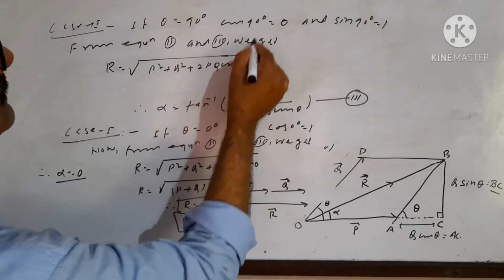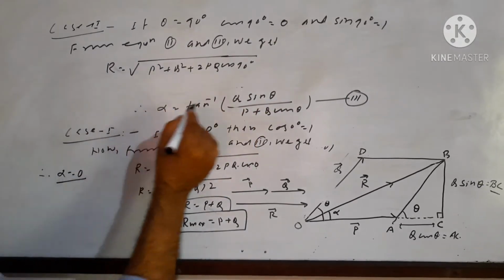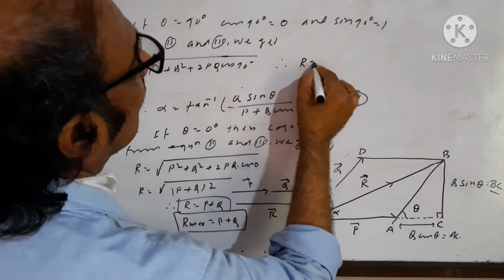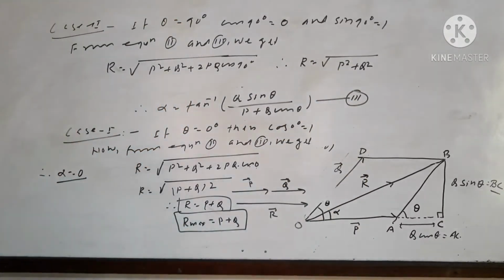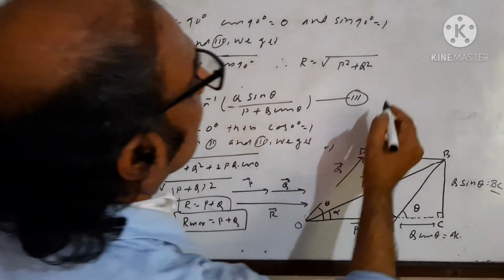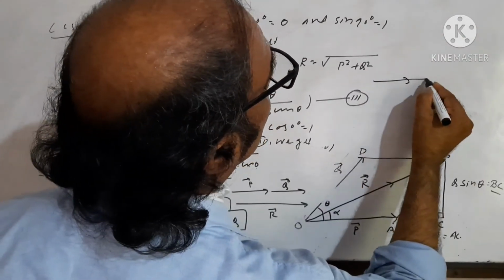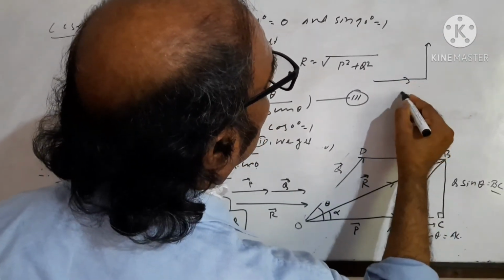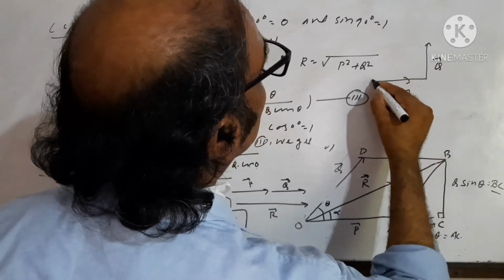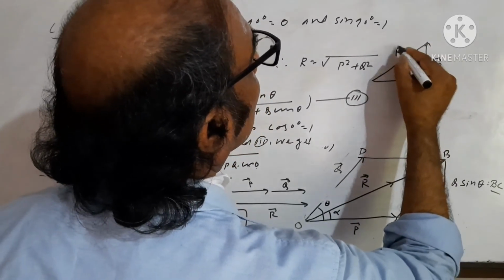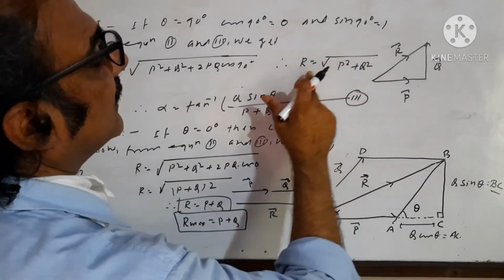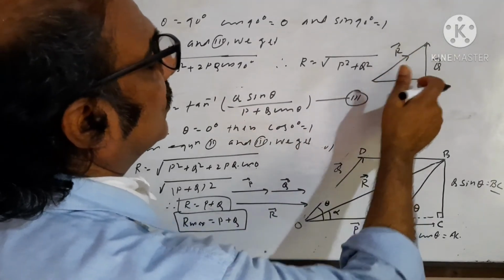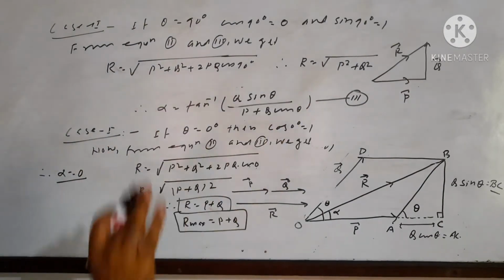Cos 90 means 0. Therefore R equal to under root P square plus Q square. This is the condition when the two vectors P and Q are perpendicular to each other. So the magnitude is the root of P square plus Q square, simply using Pythagoras.